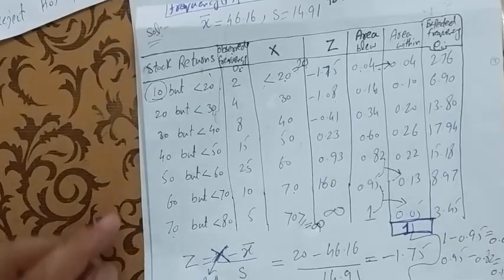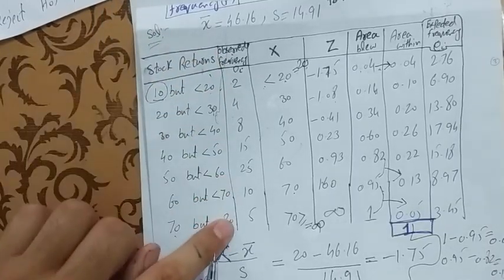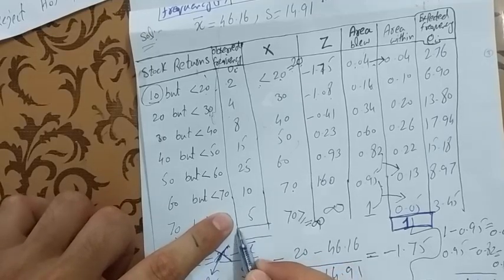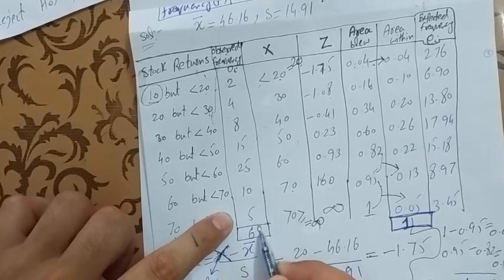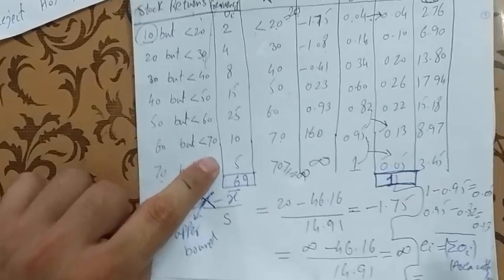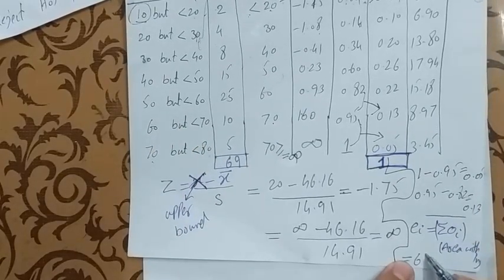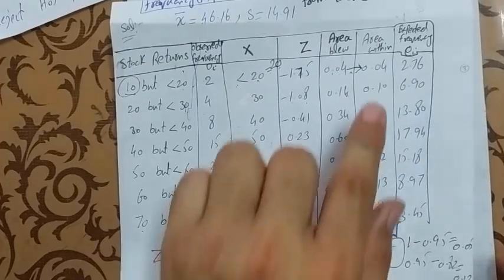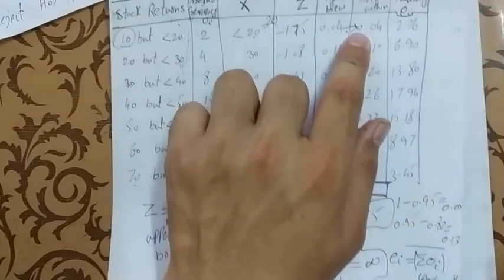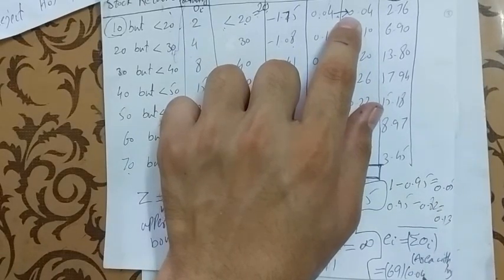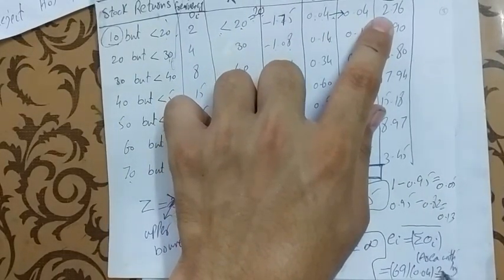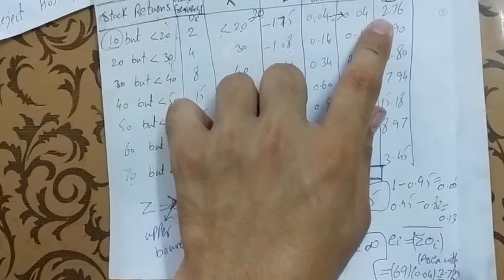You know, this is the observed value OI, whose sum is equal to 69, and we always write 69. The first area within is 0.04, right? 0.04, and its result is equal to 2.76.